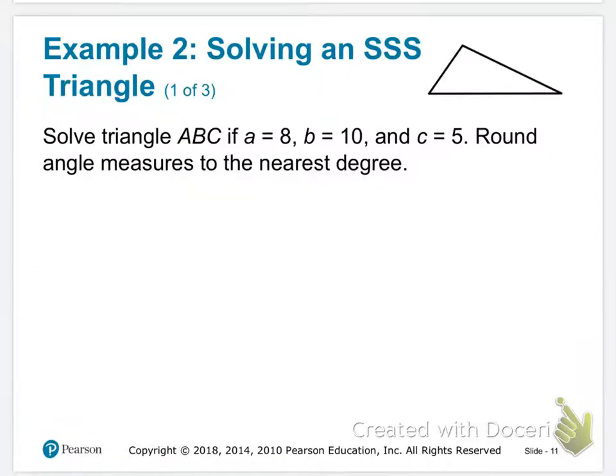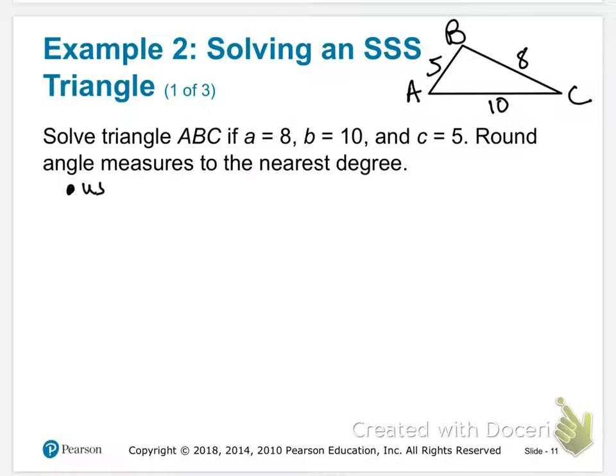If you're following along with the guided notes, you see that it already had a triangle on the page for us. I'm drawing it up here. We have 5, we have 8, we have 10. So we want to find the biggest angle, so that's going to be the one across from the biggest side.